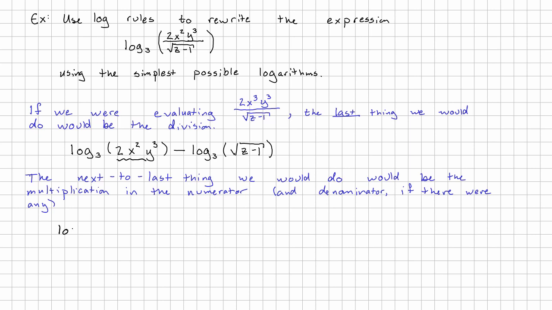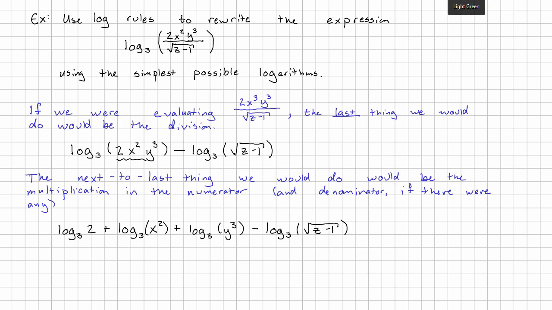We'll have log base 3 of 2 plus log base 3 of x squared plus log base 3 of y to the third minus log base 3 of the square root z minus 1.